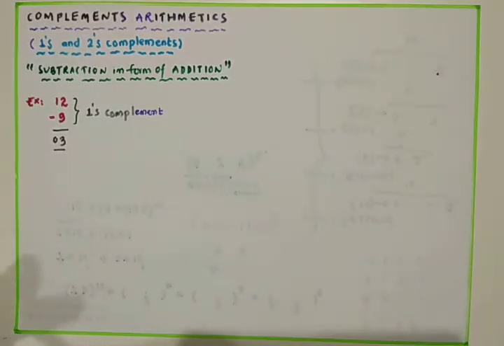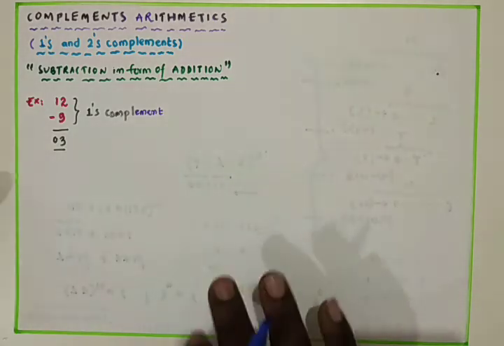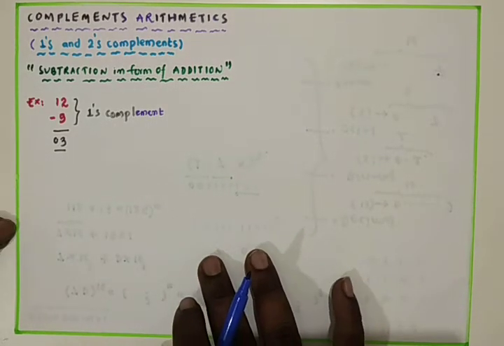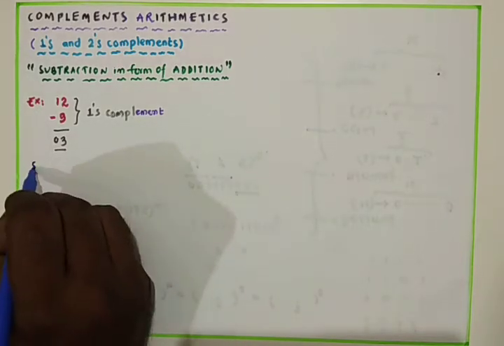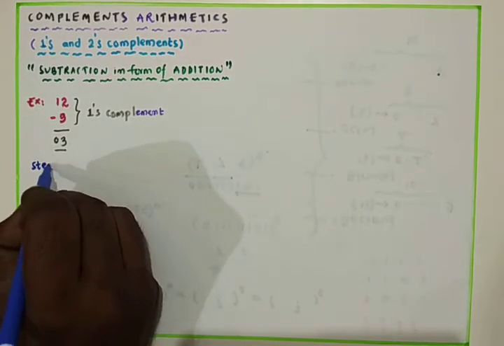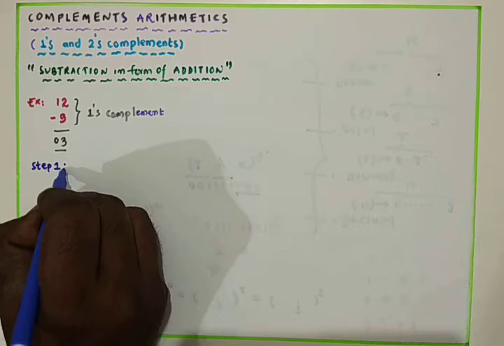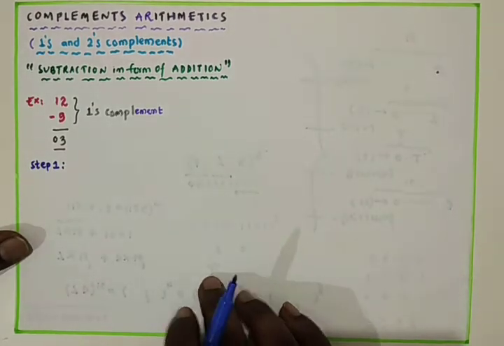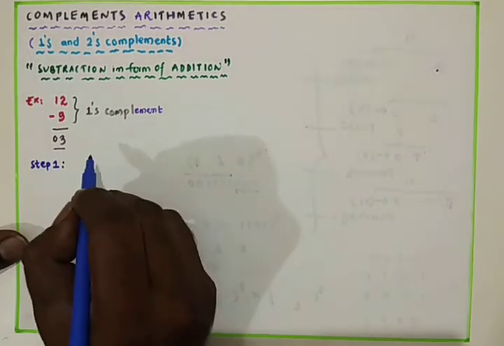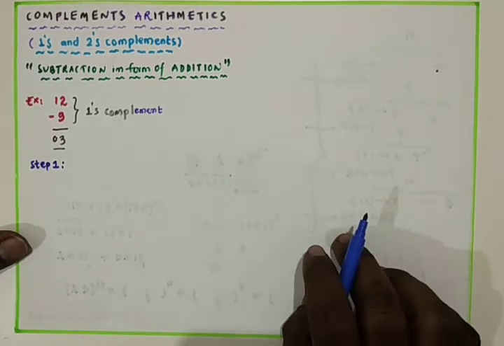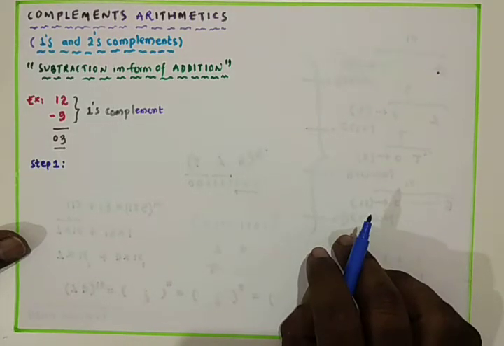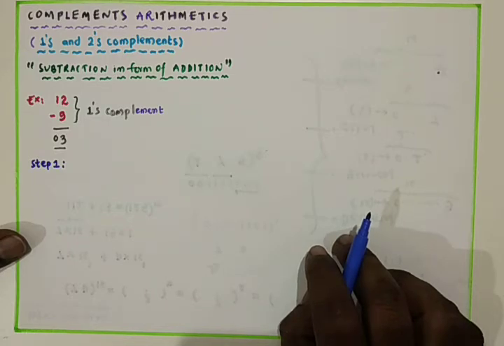I am going with step 1. First of all, whatever the data is there, we have to convert it into the binary form. Step 1: convert the given data into the binary form. First one is 12. You should remember that 10 is 1 0 1 0, 11 is 1 0 1 1, 12 is 1 1 0 0.